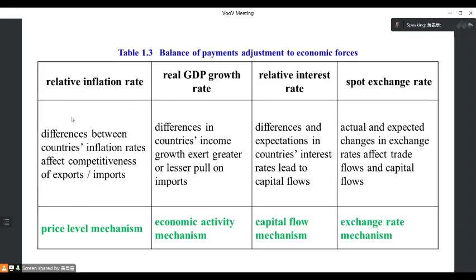We can also regard this as the price level mechanism.